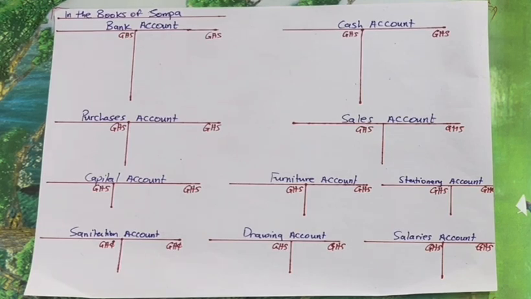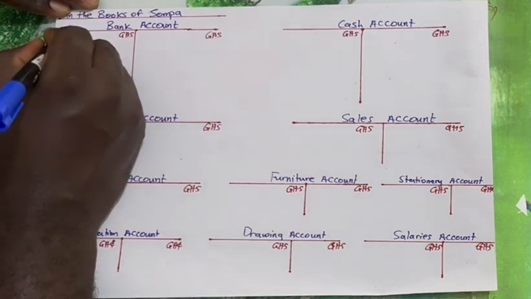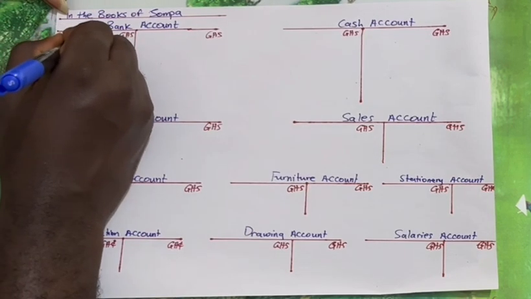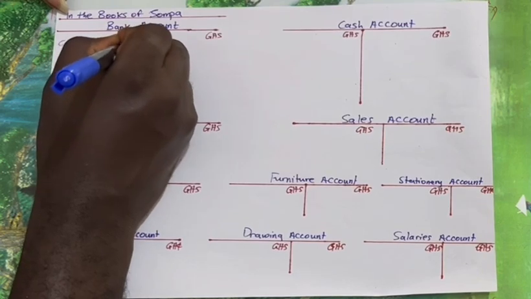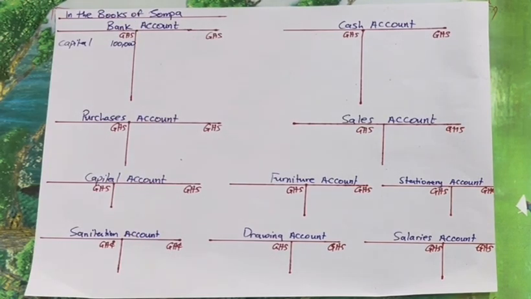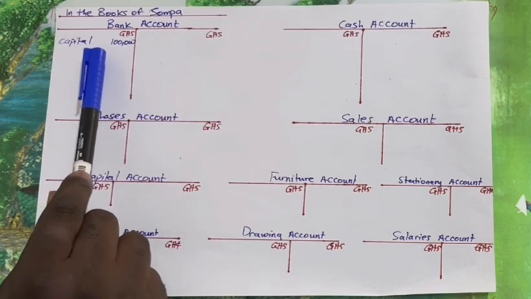So we have two accounts, the capital and the bank account. Since the company is receiving, the company's bank account will increase. So we debit the company's bank account in the name of capital, 100,000. Do we see it? We've debited the bank account 100,000.